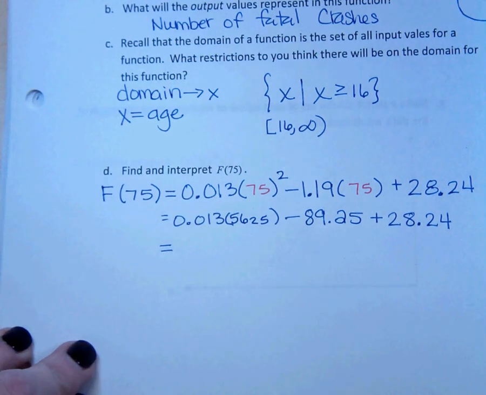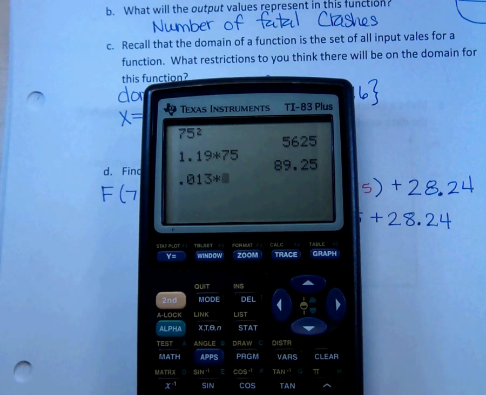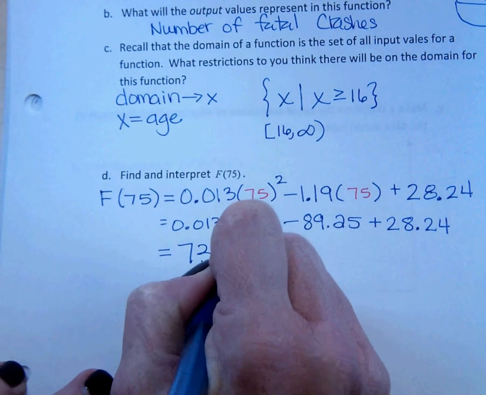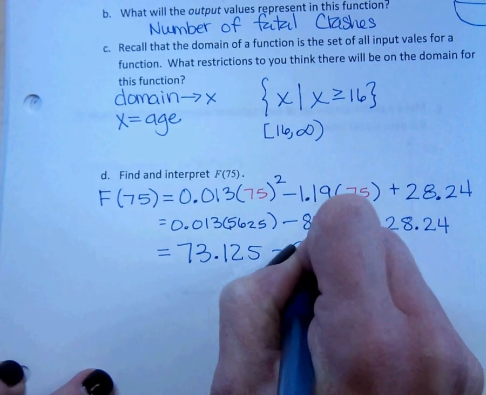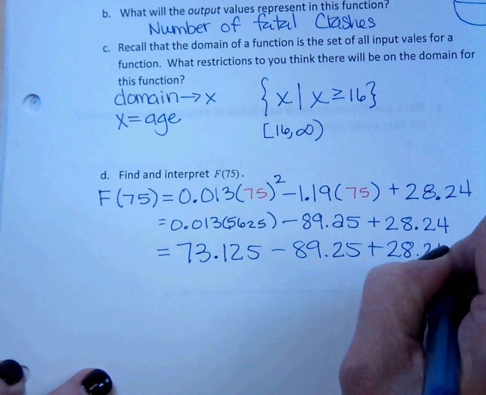Okay, so next I'm going to multiply again. 0.013 times 5625, 73.125, minus 89.25, and then plus 28.24.